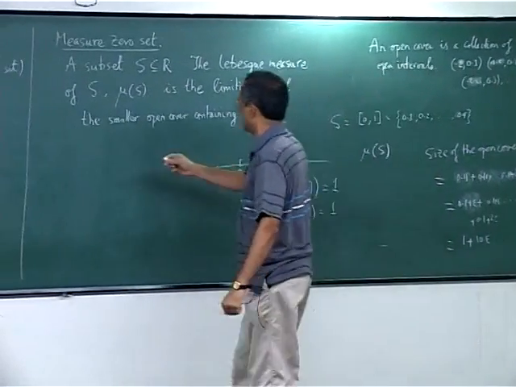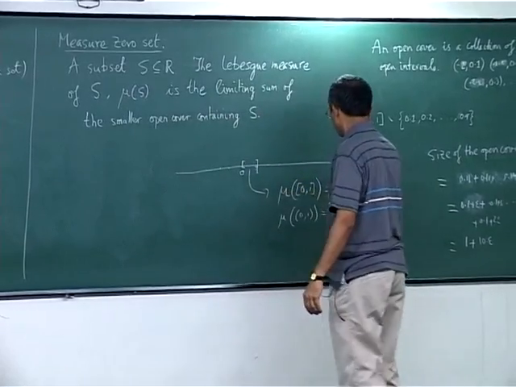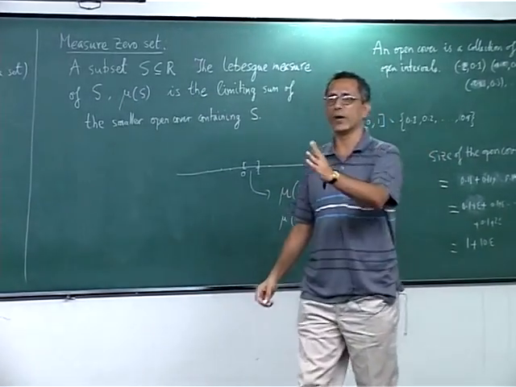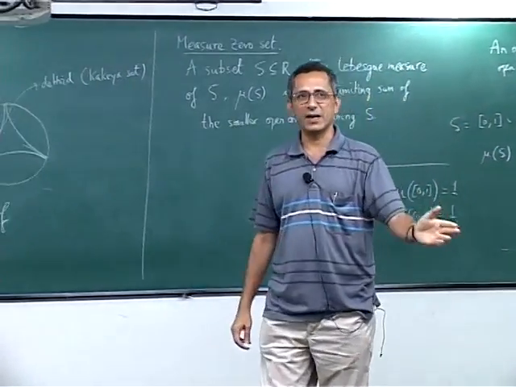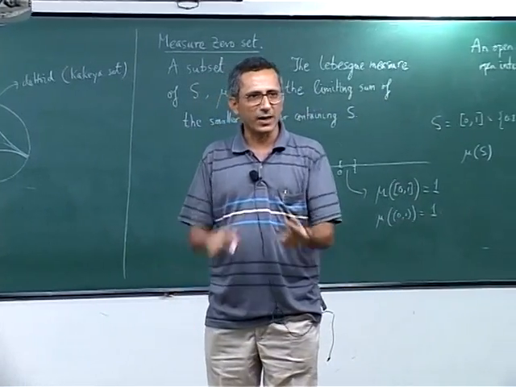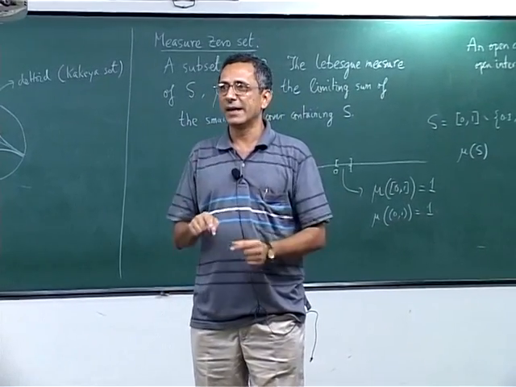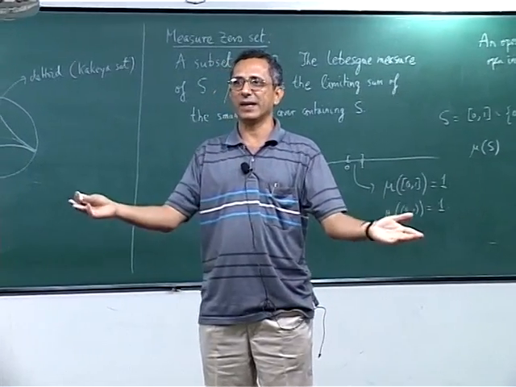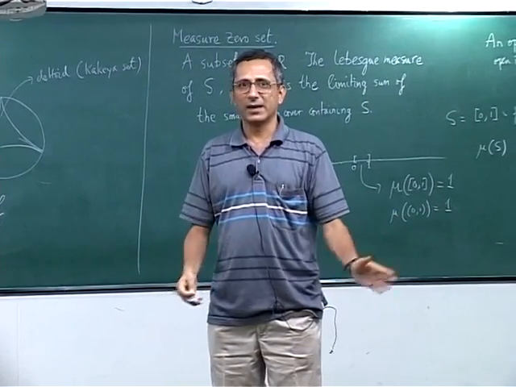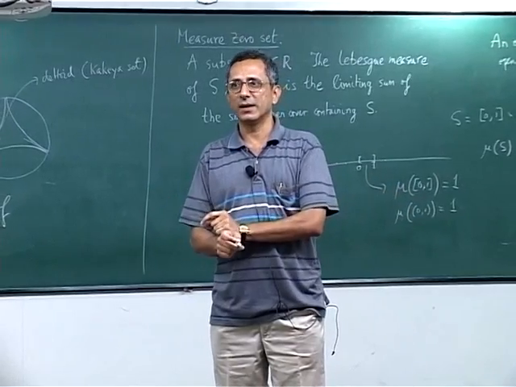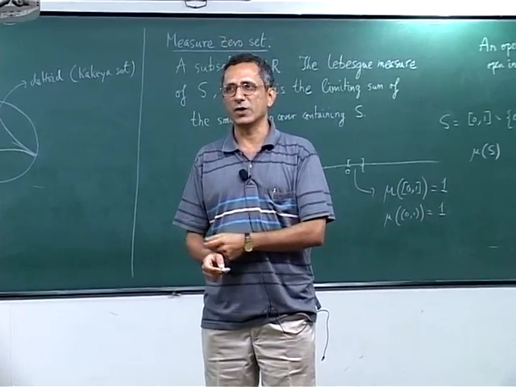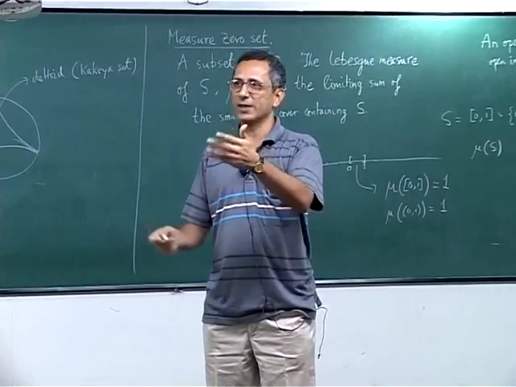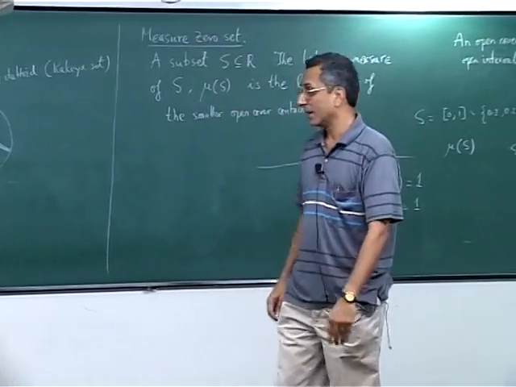So, what is an example of a measure 0 set? If you take a finite number of points, any finite subset of R has measure 0, because I can always put an interval of length epsilon around each point in that finite set. So, suppose there are t elements in my set, how many intervals have I put? t intervals each of length epsilon, so t times epsilon, and as epsilon tends to 0, that tends to 0.